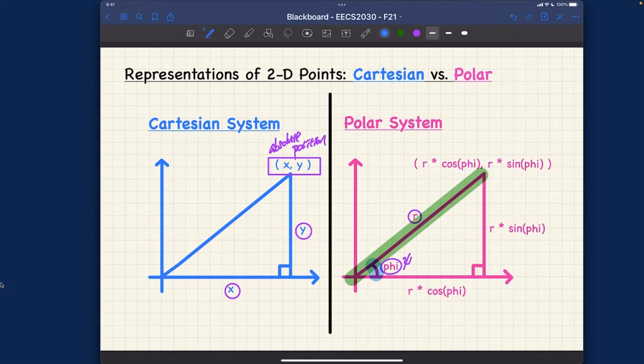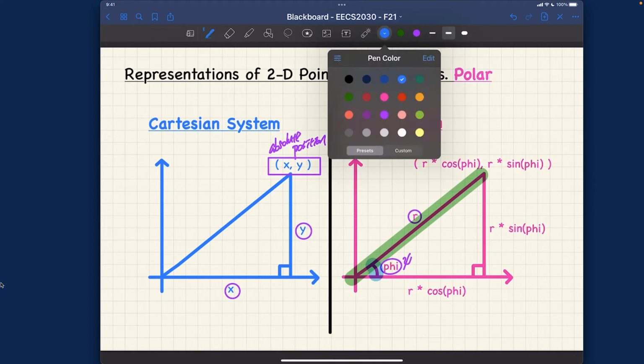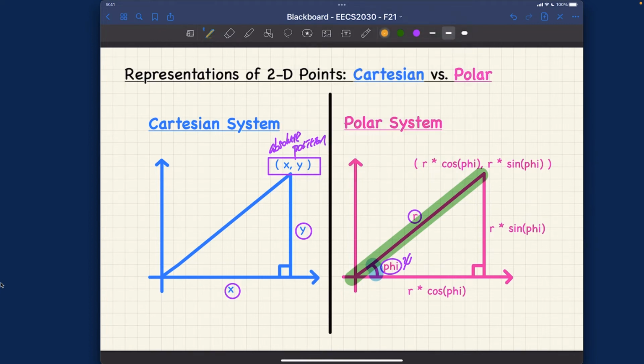Well, we have to use a little bit of math over here, which is nothing complicated, but something you learned earlier. You just need some brush up. So let's see how we can convert from polar into Cartesian very quickly. This part over here is x, and this part over here is y. But how do we calculate them based on r and phi?